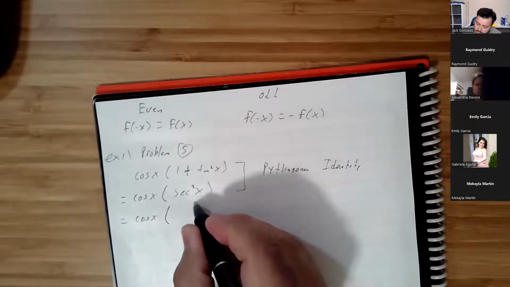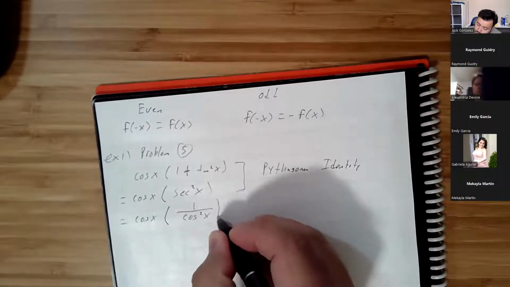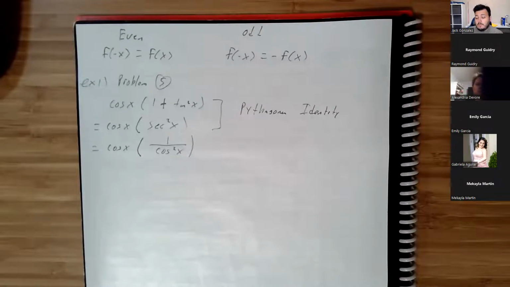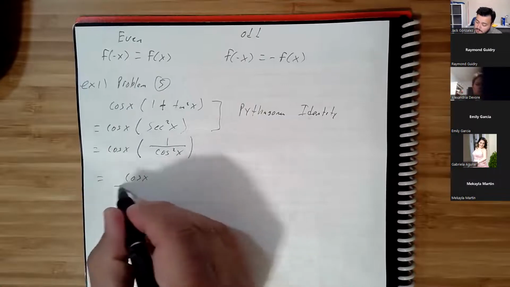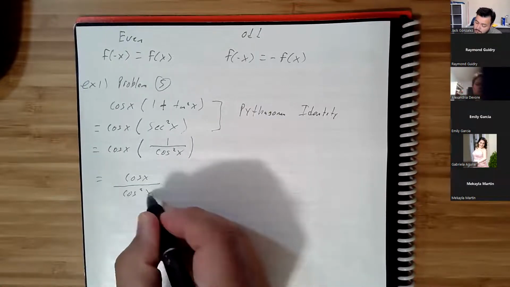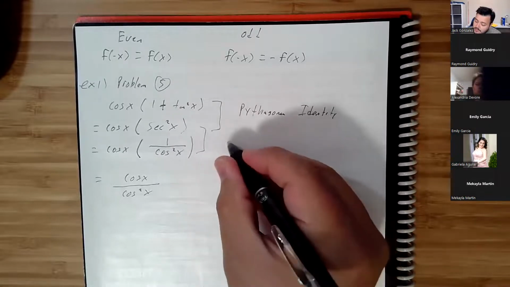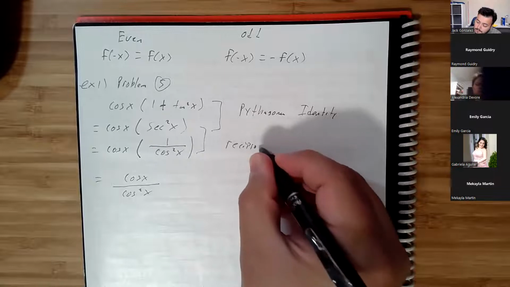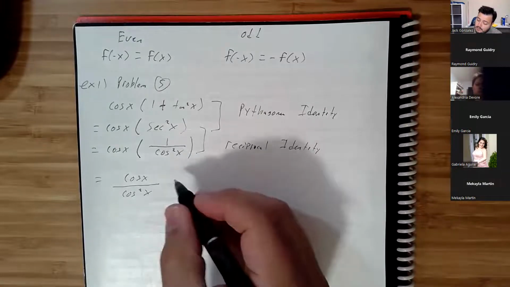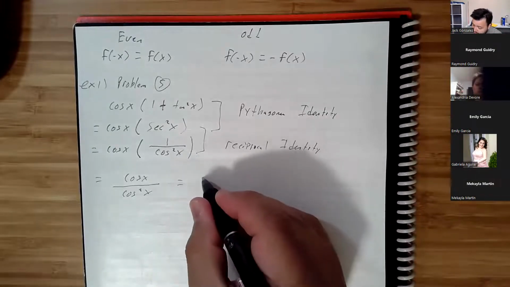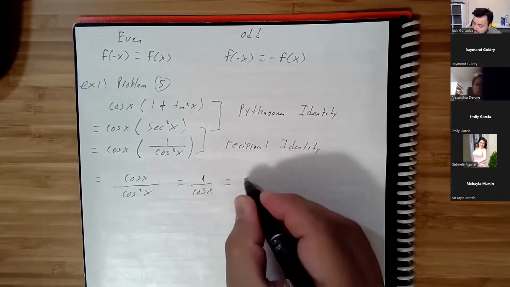But since it is squared, it would be 1 over cosine squared. So these will reduce. I'll show an extra step just in case. So from here to here, that was a reciprocal property or identity. Now we just do some algebra, which gives us 1 over cosine, which is secant.